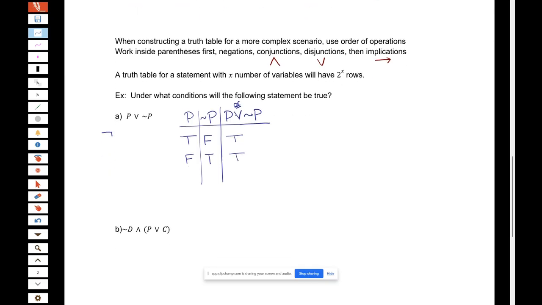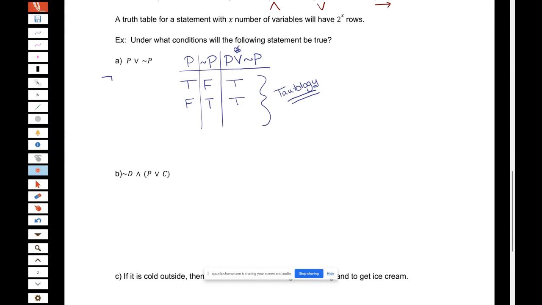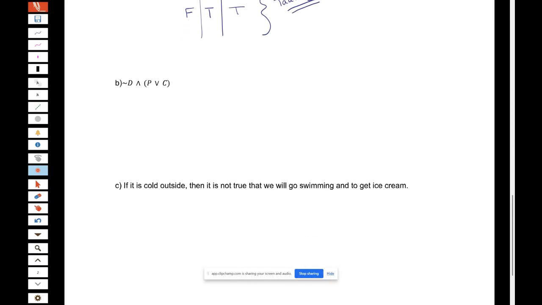So this statement, P or not P, is definitely always going to be true. We call this a tautology when it's always true. You will not be tested on that, by the way. It's always going to be true that a statement, we have popcorn, is either going to be true or not true. So P or not P is always going to be true. So that's the very, very simple truth table with one variable.